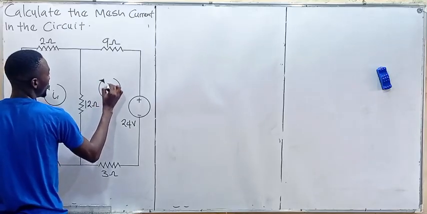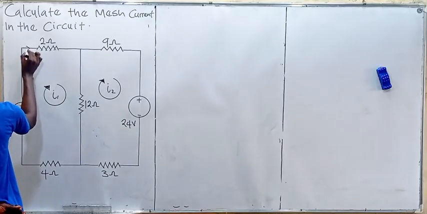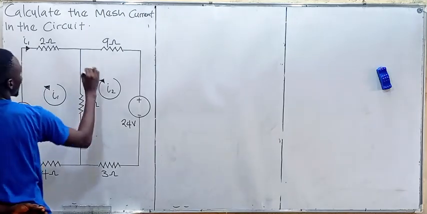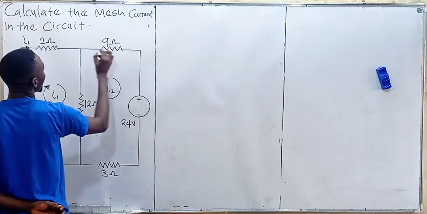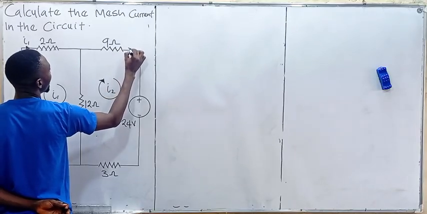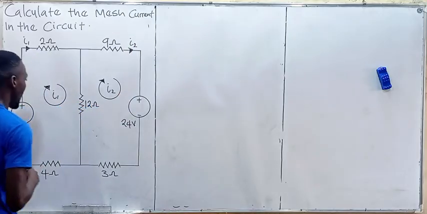All right, and this will be mesh 2. So again, it means our current I1 will be flowing in this manner, and the current I2 will be flowing in this manner. All right, so that's it.